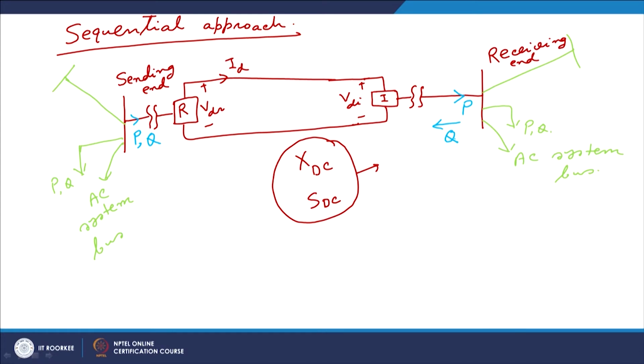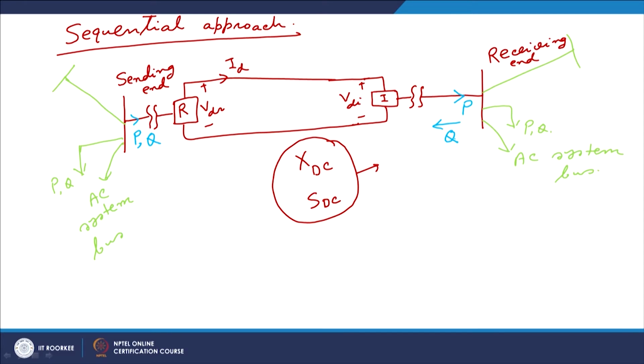Therefore, at both sides there is an exchange of real and reactive power between the converter and the AC bus. Here at this side, there is an exchange of real and reactive power between the rectifier and the sending bus. In this case also, there is an exchange between the receiving end AC bus and the inverter.